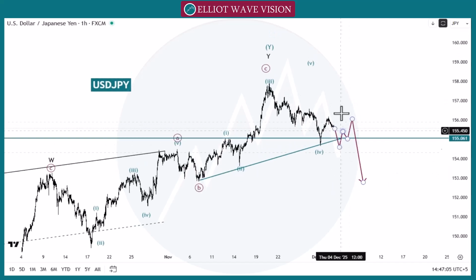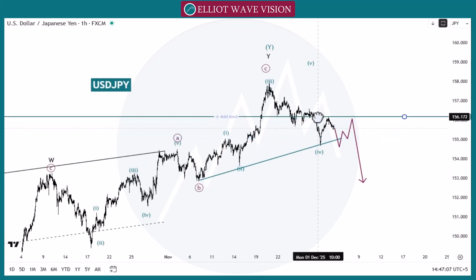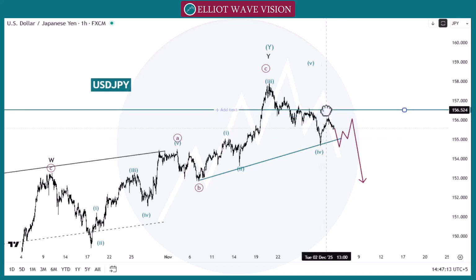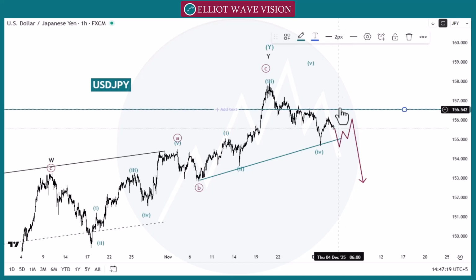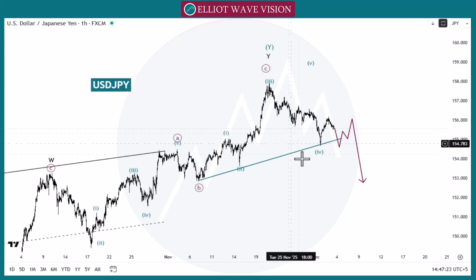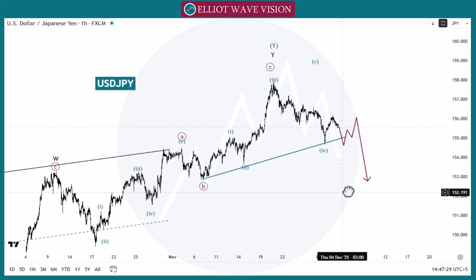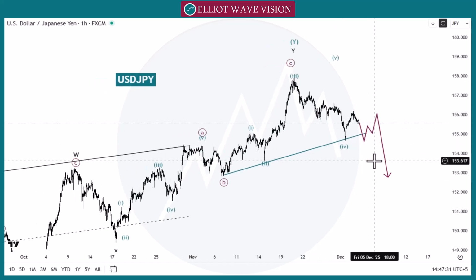At this point, the upper area is 156. If the market gives us the classic trading level pattern around 156.5, then we will go towards the bullish side. So let's wait for the classic trading level pattern at this point, then we will decide to go towards the bearish side or the bullish side.